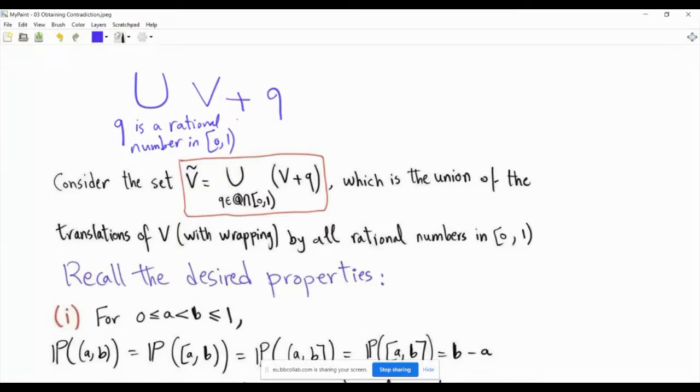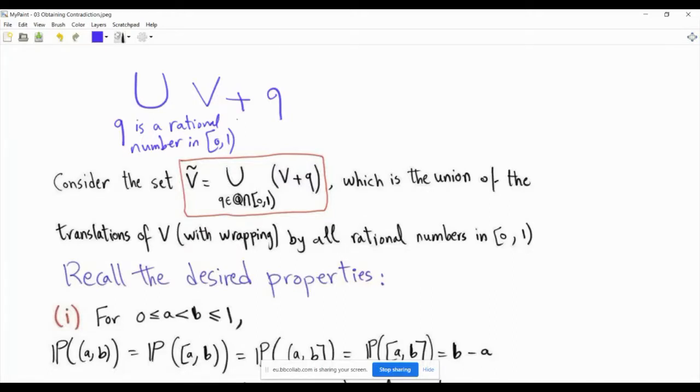So here we take V, add to it a rational number from 0 to 1, 0 included, 1 excluded, and take the union of all those. So that's V tilde. Okay. So what is V tilde, and what is its probability measure if it is a subset of [0, 1]?